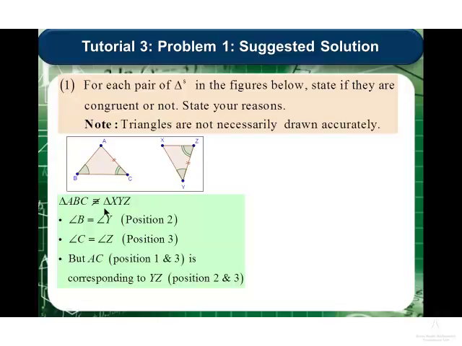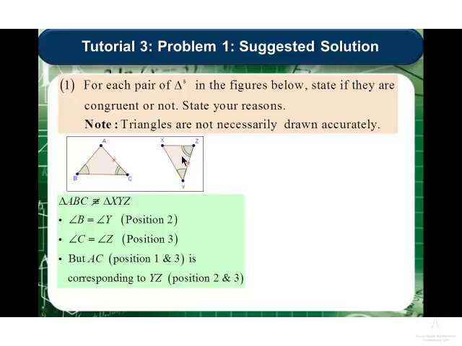And given in this case is also that the side AC has the same length as the side ZY. But yet, these two triangles are not congruent because side AC, for example, is position 1 and 3 for the triangle ABC. Now, if these two triangles were to be congruent, then this must be corresponding to the equal side XZ, and it is not. XZ, you can see, doesn't have the same length as AC.